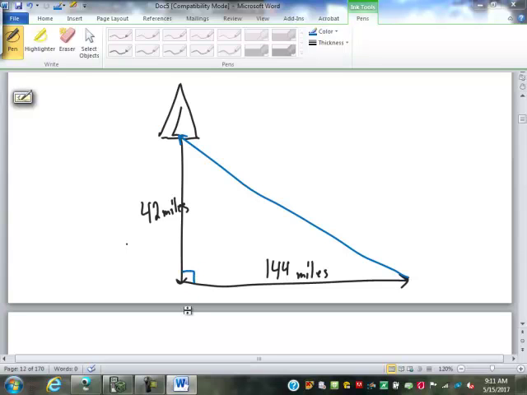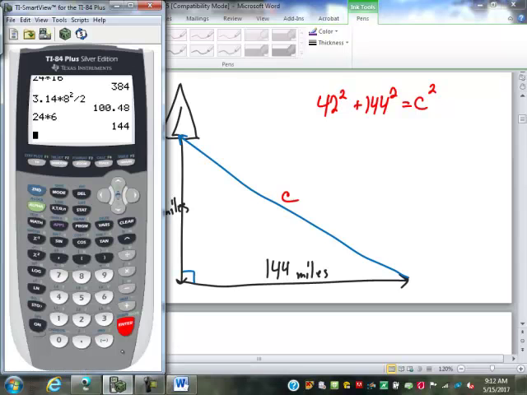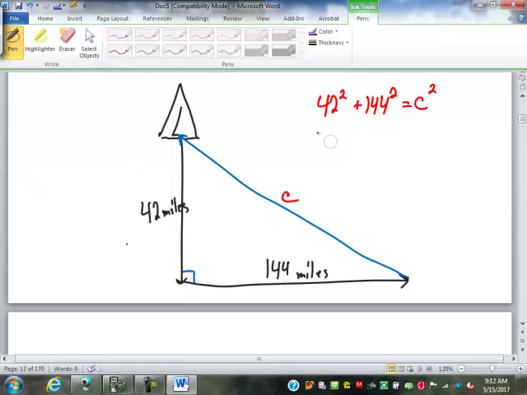So this is the right angle. How would we find that? We'll use c squared, okay. So then what? What's 42 squared? 1764, yes.